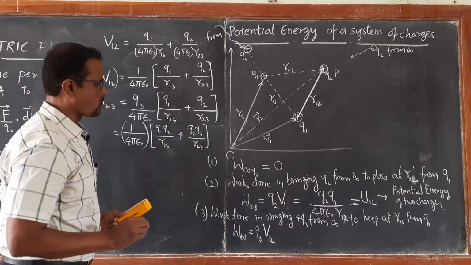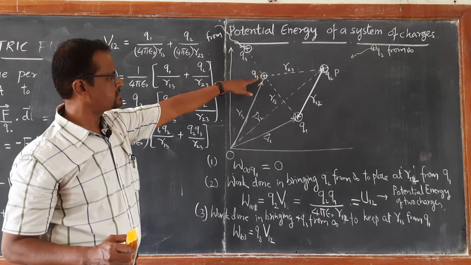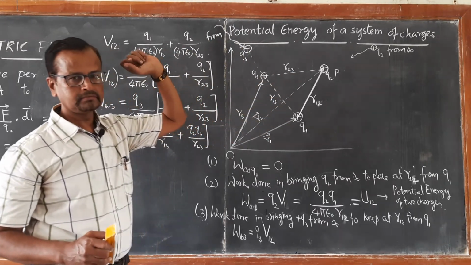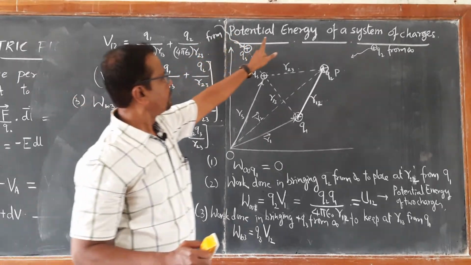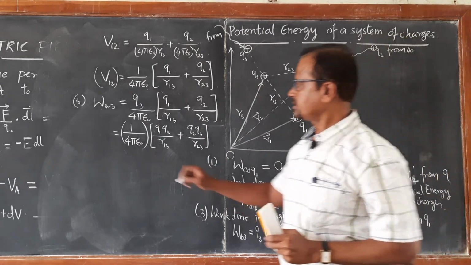This is the work done in bringing the third charge from infinity to place in the potential developed by charges Q1 and Q2. Now finally, the potential energy of the system of these three charges I have to calculate.